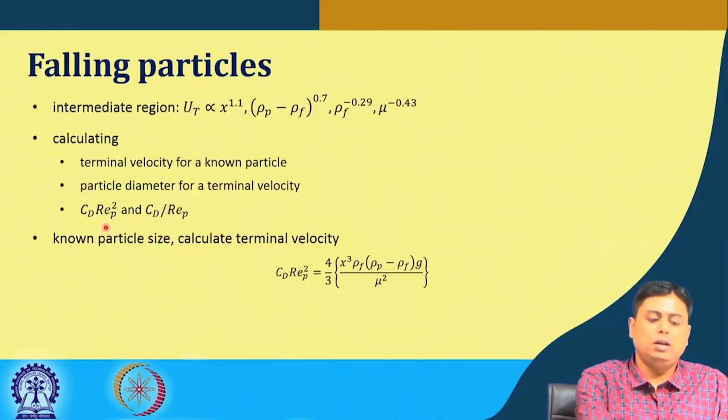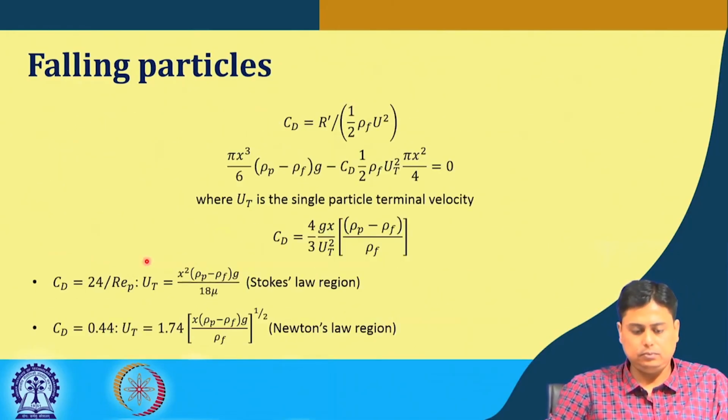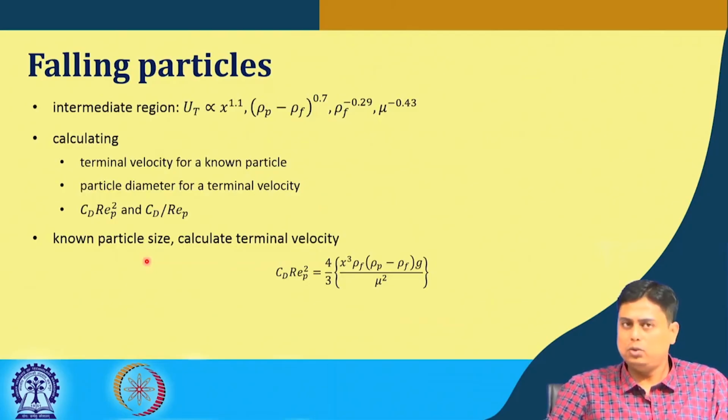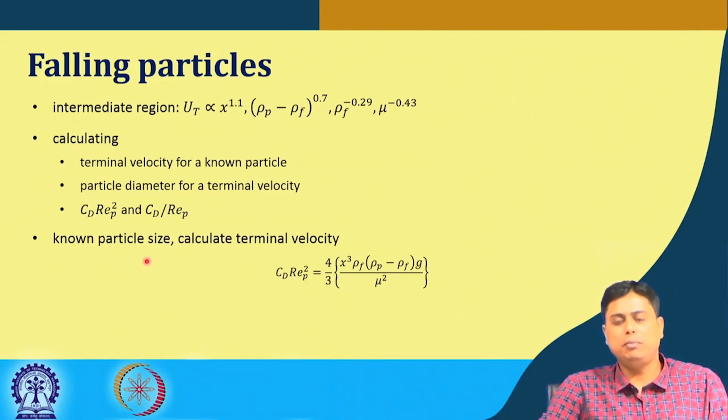For example, if there is a known particle size, and you have to calculate the terminal velocity, or find out what is the terminal velocity at which it will settle. You must remember that schematic of log CD versus log REP, log CD in the y axis, log REP in the x axis.